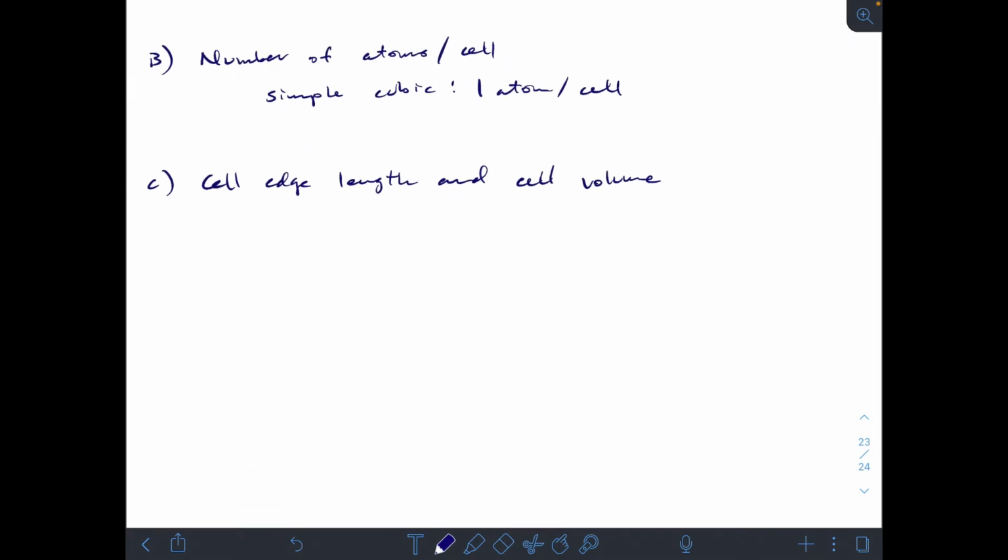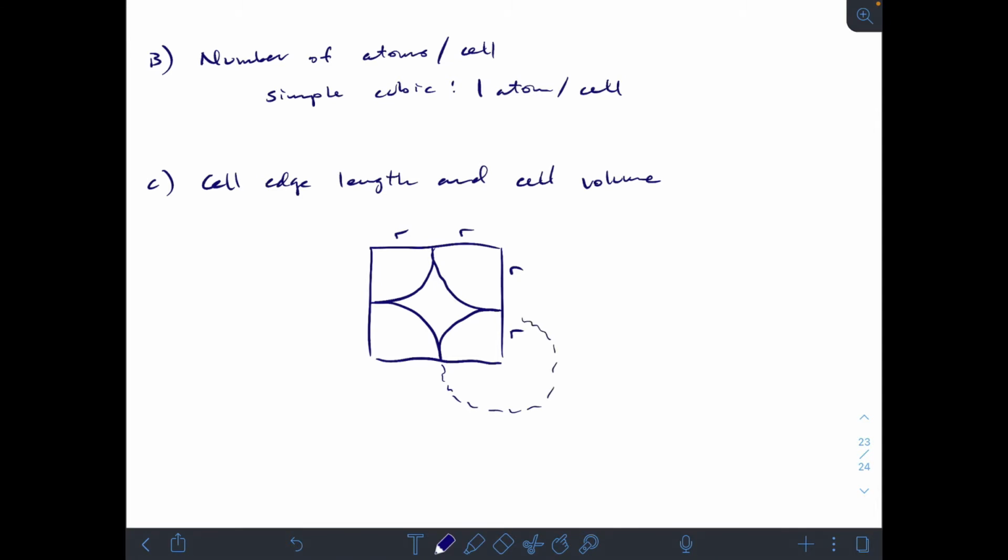Okay, so again, sticking with the simple cubic, if I'm looking at my unit cell, each one of these pieces is a radius, because I'm imagining that this is a sphere.